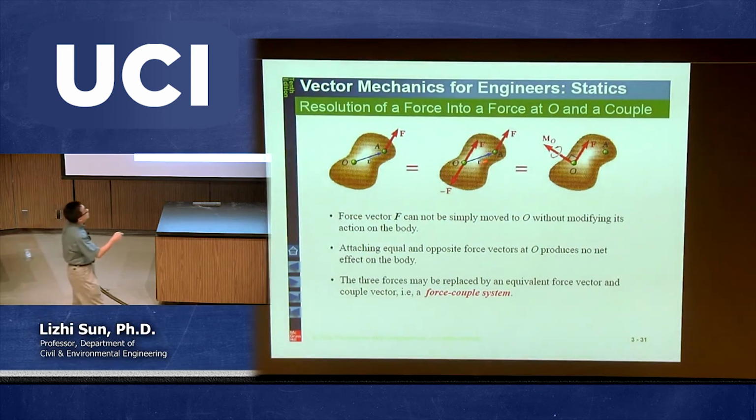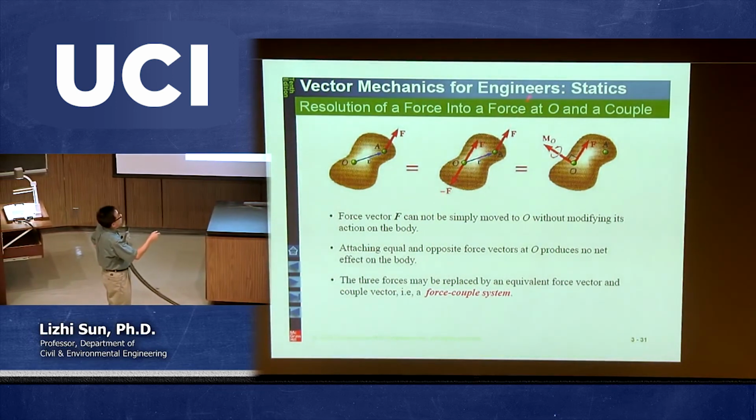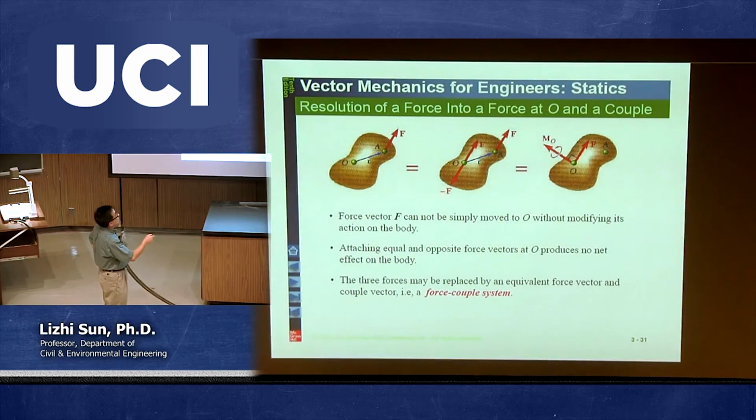Now let's do something further based on this picture. Now we have essentially three forces. But surprisingly, we find out this force and this force form a couple. Based on the couple definition from before, if you have two forces parallel to each other, same magnitude, but in opposite direction, these two forces form a couple.